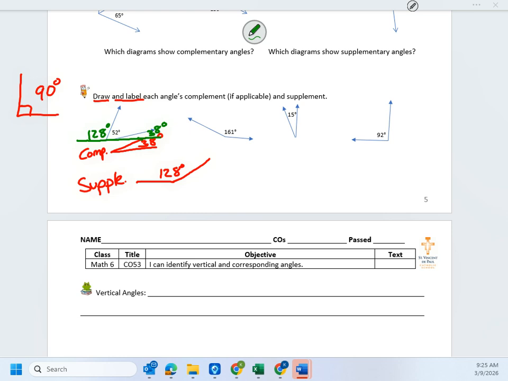As long as we have... And just know that 128 degrees, oh, no, sorry. That 128 degrees is this, and the 38 degrees is this. So you have to label it all.